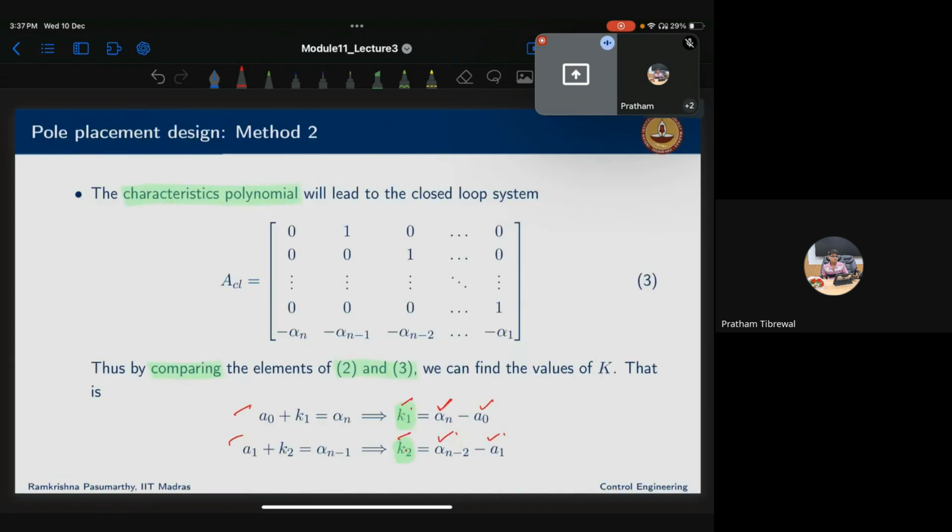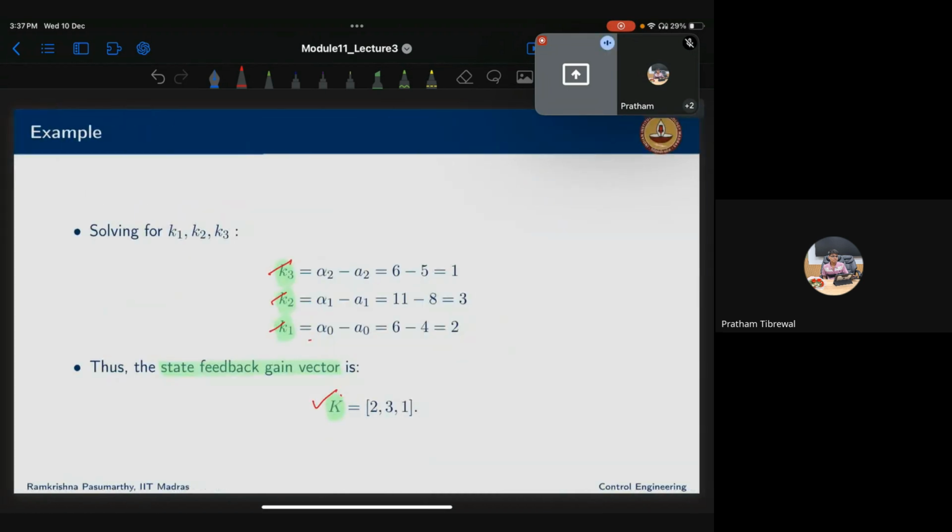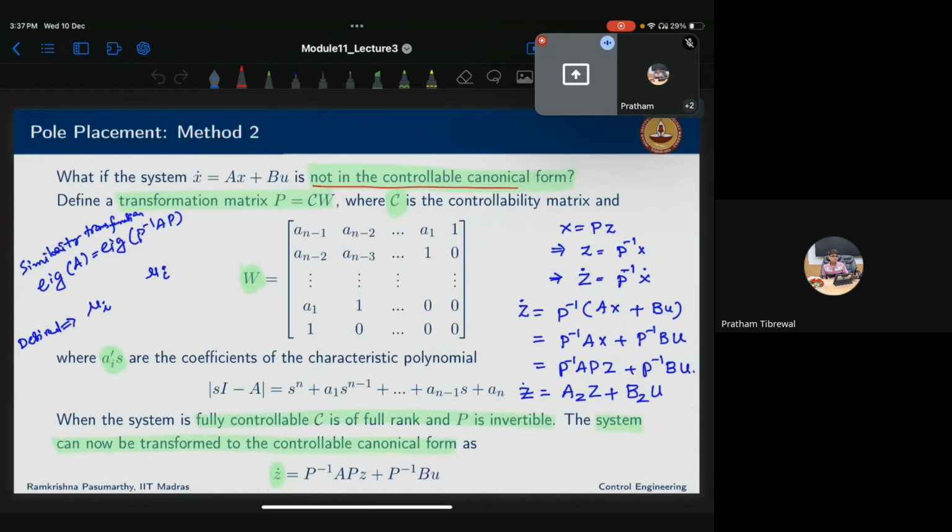Suppose the A matrix is not in the canonical form. In that case, what you do is, let's say we have x dot is equal to Ax plus Bu.